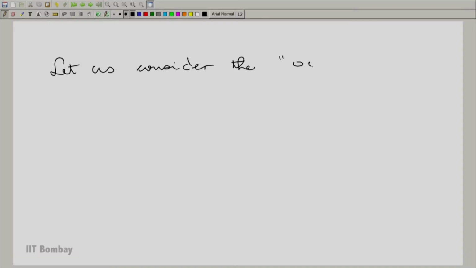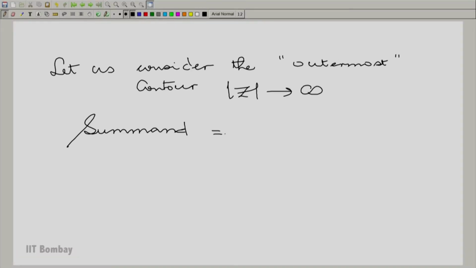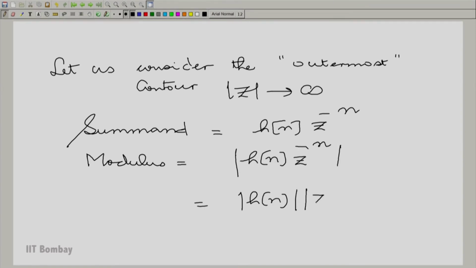Again, as I said, if we take a cue from the continuous case, let us consider mod z tending to infinity here. You see, we have two extreme contours here, the innermost and the outermost; here it is in and out, not left and right. So, let us consider the outermost contour. Let us look at the summand and let us look at the modulus of the summand.